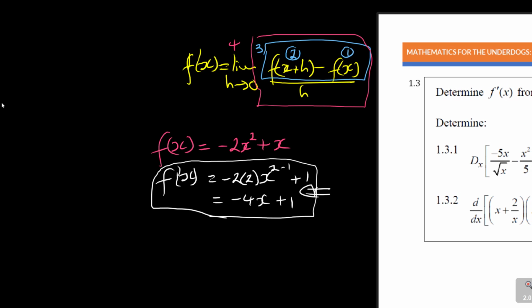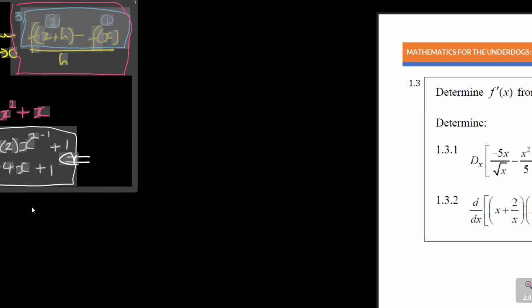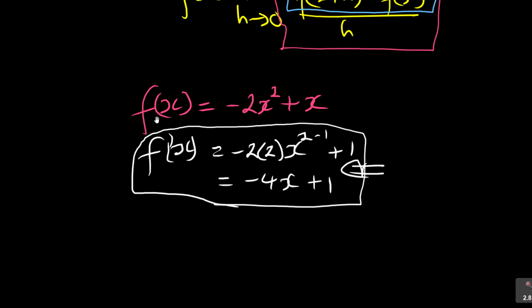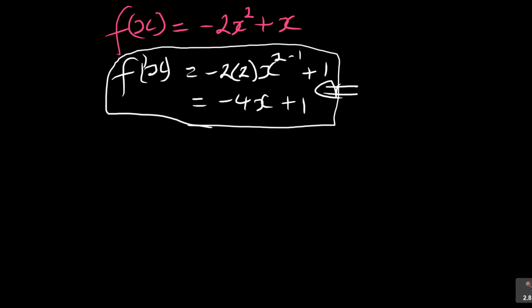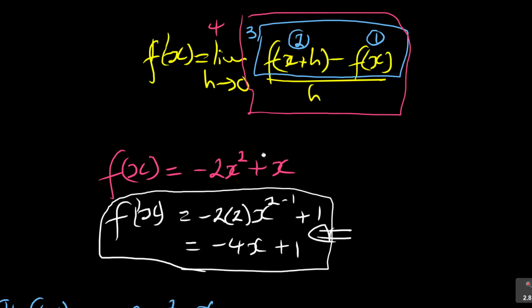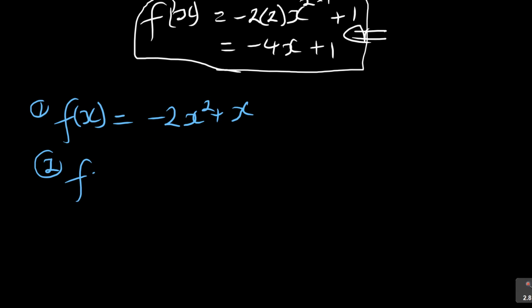So what you do, let's take everything to this side and now work this thing out together. Now look at this. Let's start from the first. Remember, you said already I have f of x. f of x, that's your number 1, is equal to minus 2x squared plus x. And then number 2 is f of x plus h. So be careful now. f of x plus h is equal to minus 2.